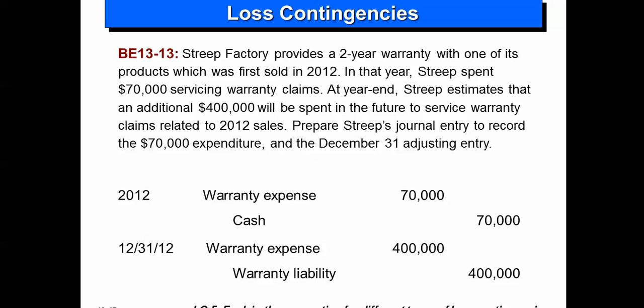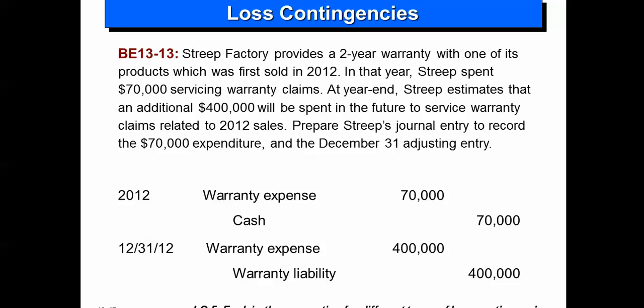This is not the one we're going to work today for homework, but this is just an example where you have the warranty expense, which is $70,000, and then the cash from the $70,000 in claims, and then you have the liability. Now let me start over because this got a little complicated, and I lost my train of thought.